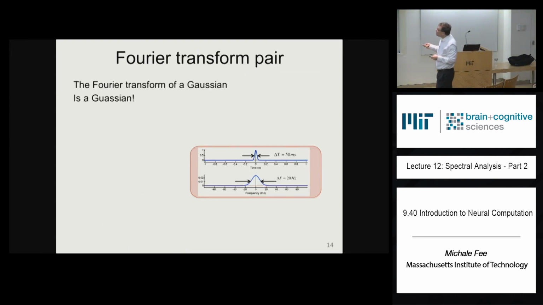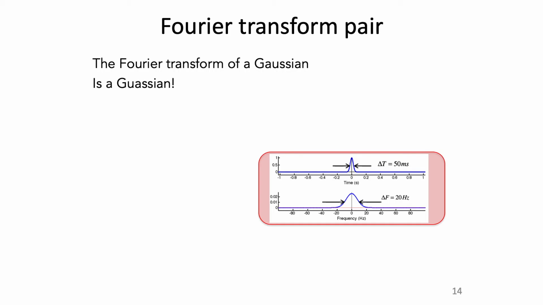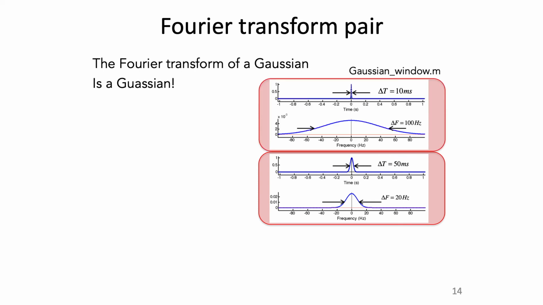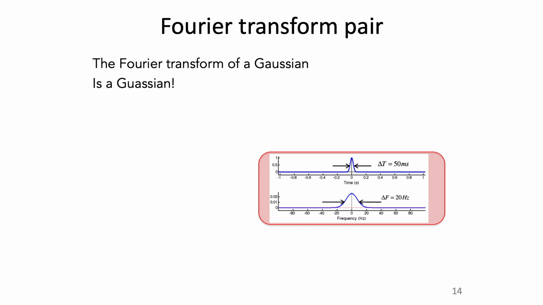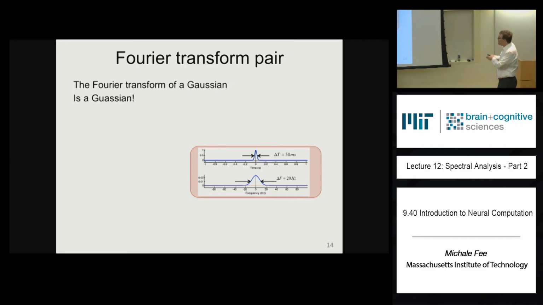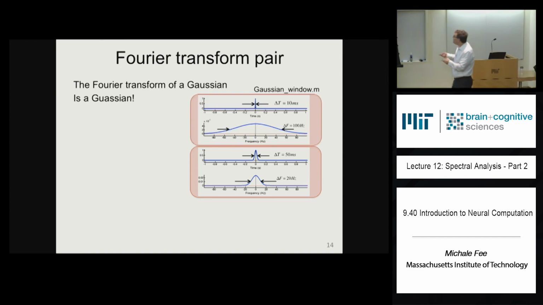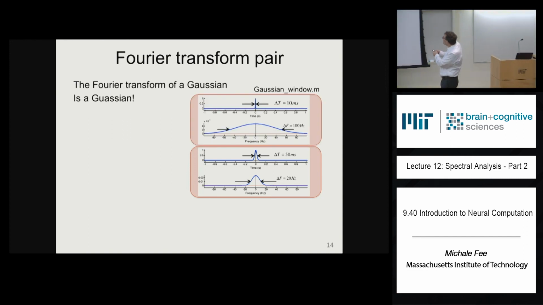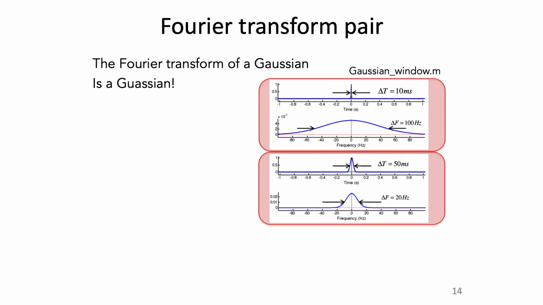It turns out that the Fourier transform of a Gaussian is just a Gaussian. Here this Gaussian pulse is 50 milliseconds long. The Fourier transform of that is a Gaussian pulse that's 20 hertz wide. If I make that Gaussian pulse in time narrower, then the Gaussian in frequency gets wider.